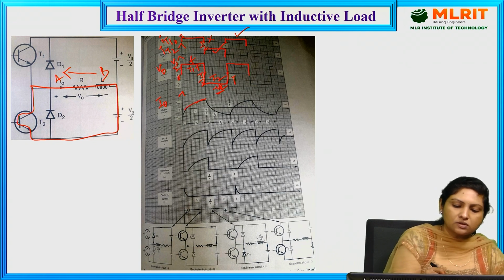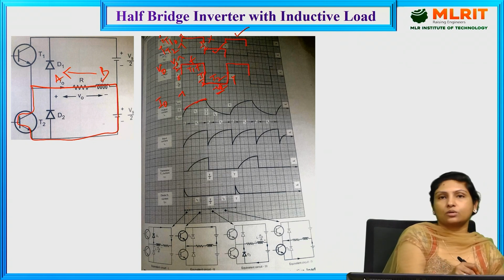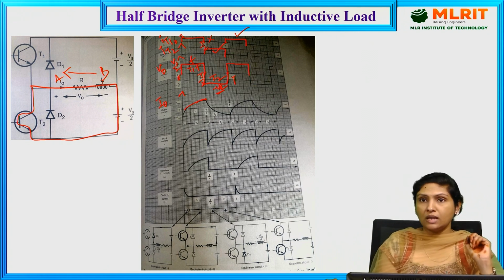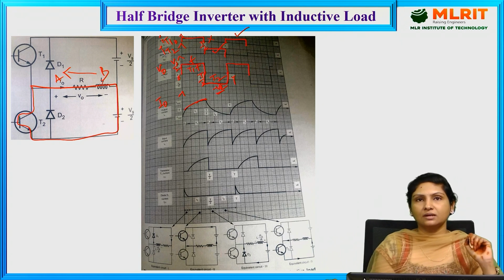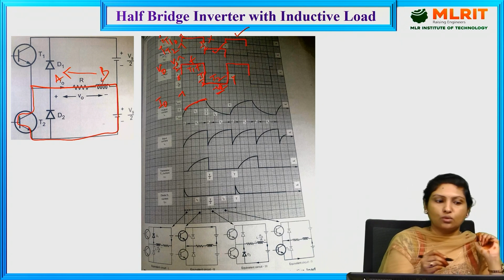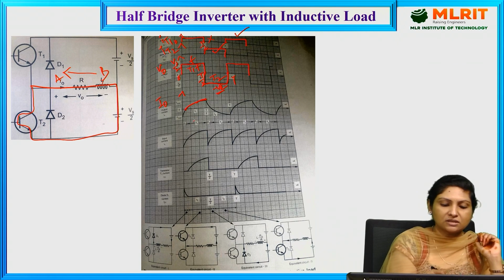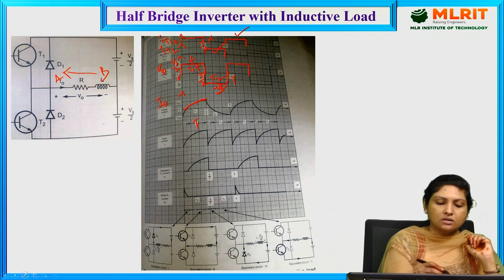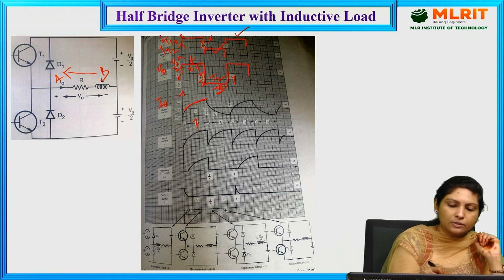It is because of the presence of an inductor in the load. And the inductor has an inherent property which does not allow any sudden changes in the current. So current is building at a slow rate, and this current is flowing through the load just because of transistor 1. It is building at a slow rate and it became maximum at this instant called T by 2.